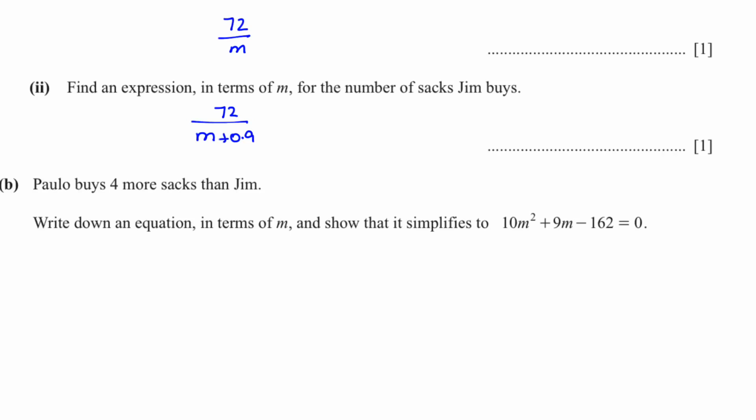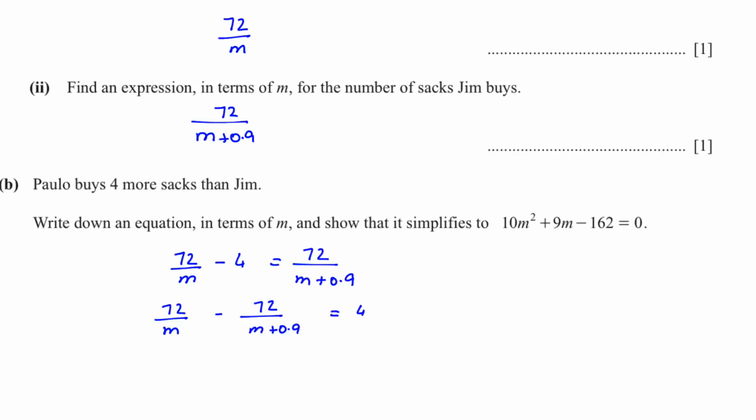So Paolo buys 4 more sacks than Jim. So if you want to make them equal to each other, from the number of sacks that Paolo buys, we have to subtract 4. Then it will equal the number of sacks Jim buys. Let's bring the terms which have m on one side and the 4 will bring it to the other side.